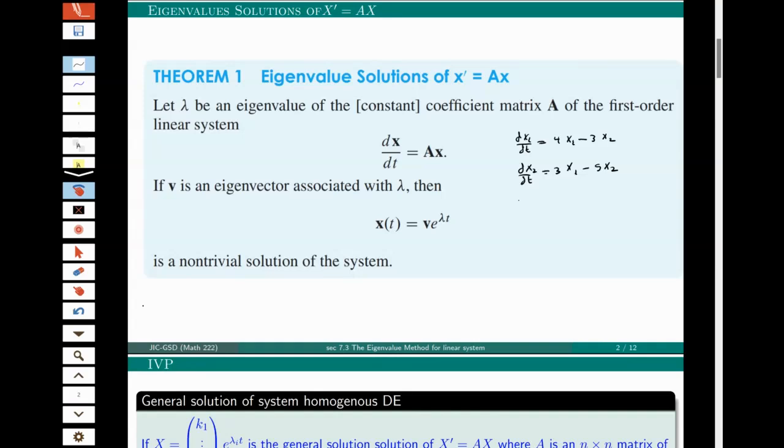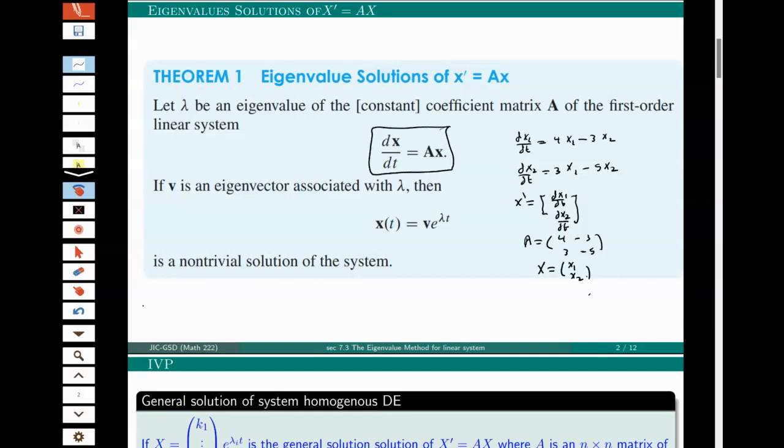This can be written as x dash, where x dash is the column vector dx1 by dt, dx2 by dt, and our A is the coefficient matrix, which is 4, minus 3, 3, minus 5, and our x will be just simply x1 and x2, so we can write it in this form.